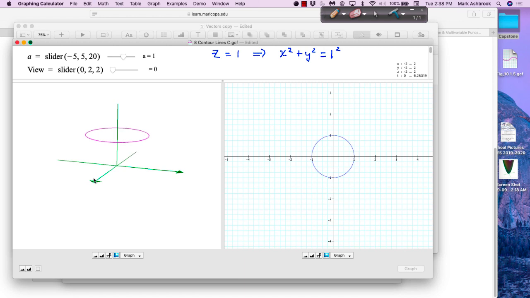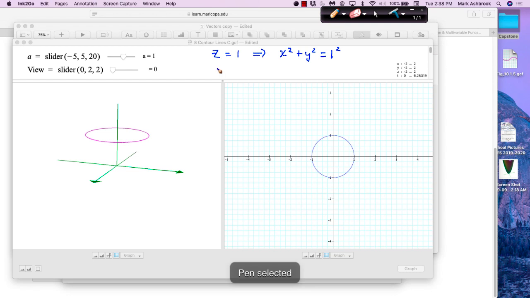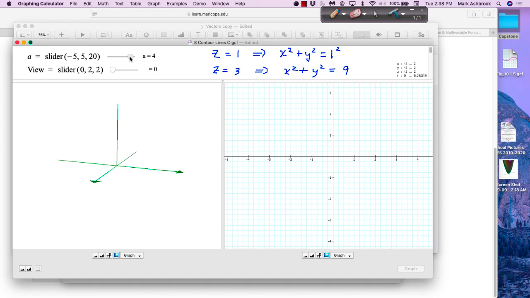Okay, what about if z equals 3? What do you get? But what is that? Not what the number is. What is x squared plus y squared equals 9? What is that? Circle with a radius of 3.